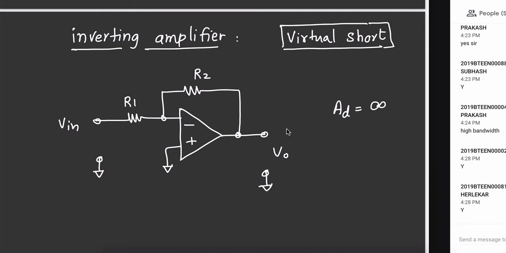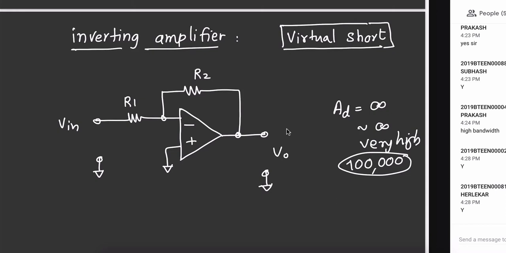That is infinity, because we are assuming an ideal op amp. Even if you consider a practical op amp, this will be very close to infinity, meaning very high. Typically it is 100,000 in case of a general purpose op amp. In a special purpose op amp, it can be still higher than this number.